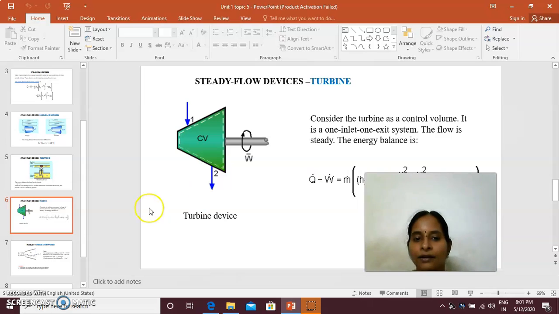If they give the datum difference, Z2 and Z1, and velocities, you can take them into account, or otherwise simply avoid all these terms. Finally W, the work done, is our only aim. Work done is equal to the difference in heat content or enthalpy of the substance.